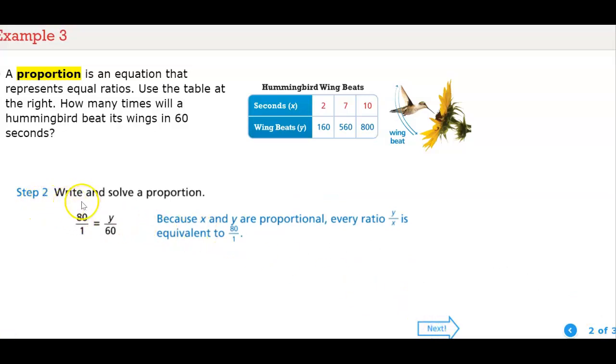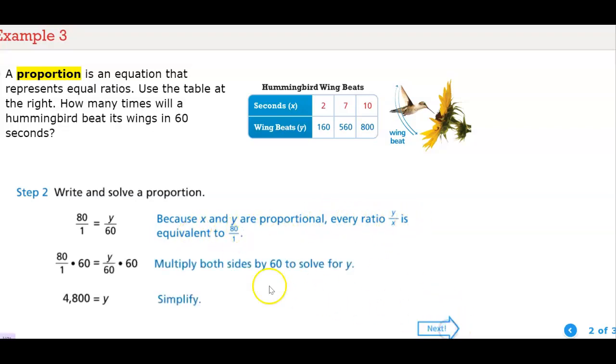Step 2, write and solve a proportion. So 80 over 1 is equal to y over 60. Remember, that's wing beats, y. Because x and y are proportional, every ratio y over x is equivalent to 80 over 1. So 80 over 1 times 60 is equal to y over 60 times 60.